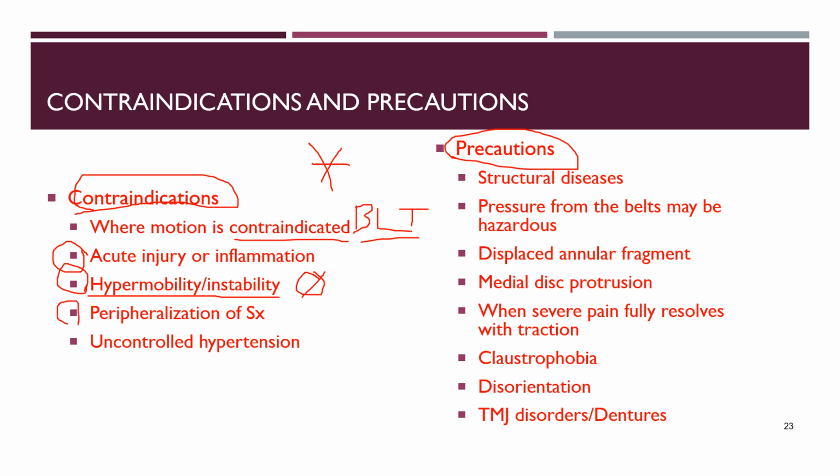This next one here is peripheralization of symptoms. So what does that really mean? If we're thinking the pain is peripheralizing or not centralizing. Peripheralization of symptoms is something that you are going to assess once the traction is being administered.